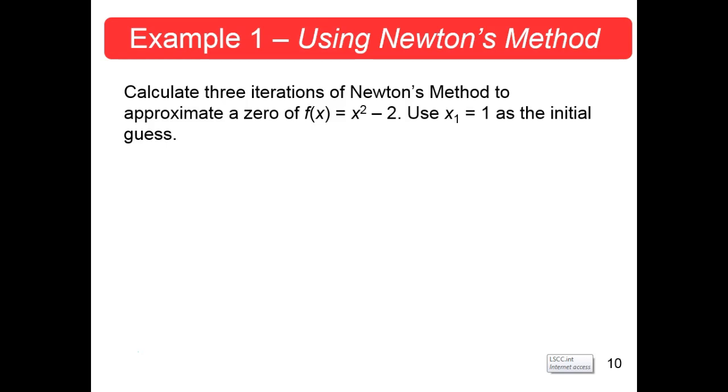It says calculate 3 iterations of Newton's method to approximate the 0 of f of x equal x squared minus 2, and use x sub 1 equal 1 as the initial guess. Okay? So, how would we proceed?